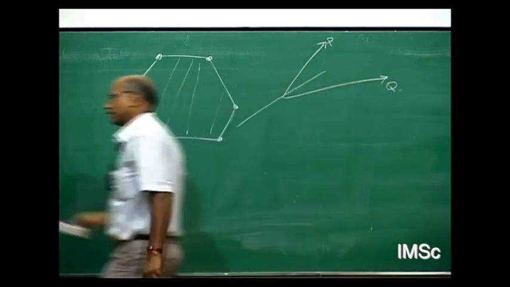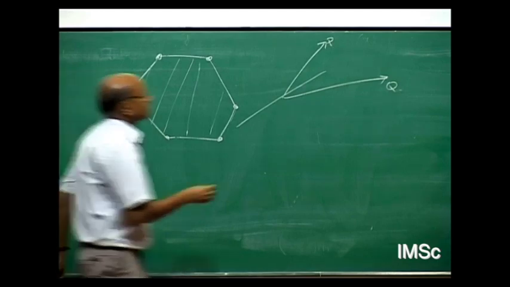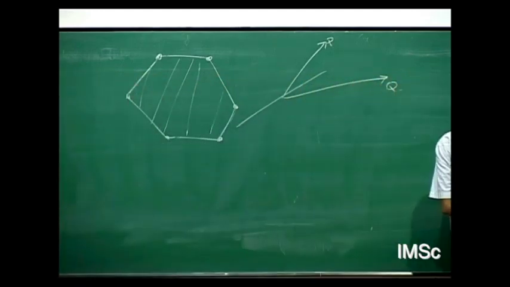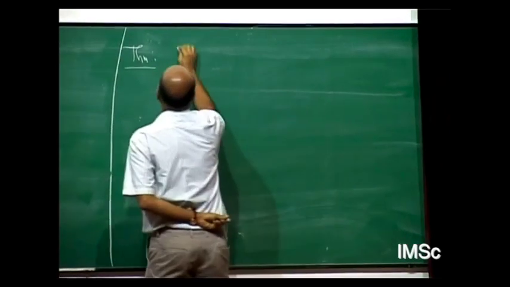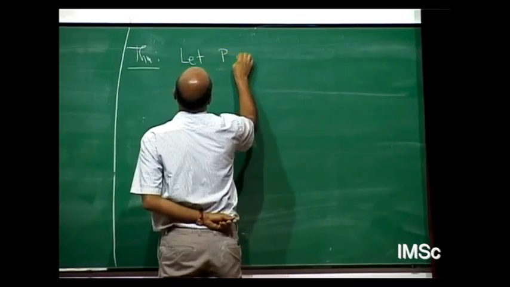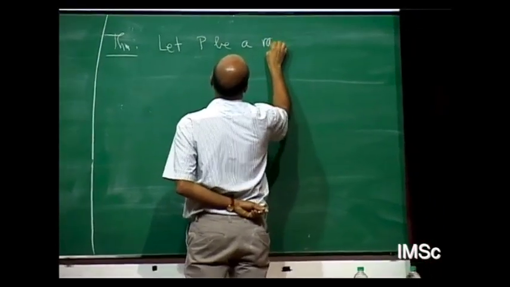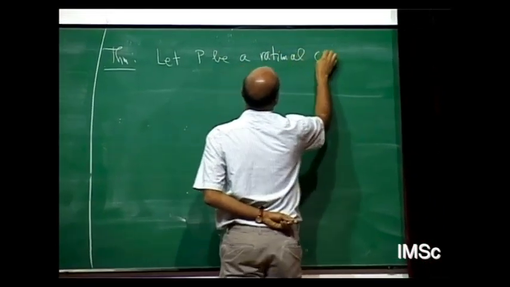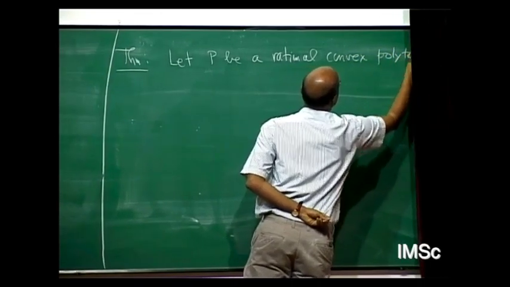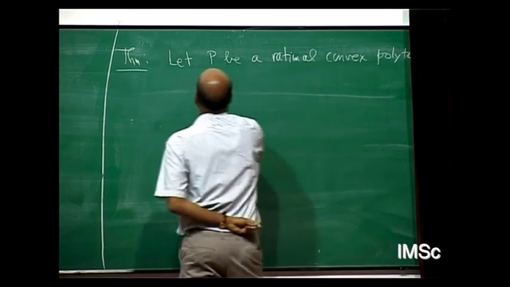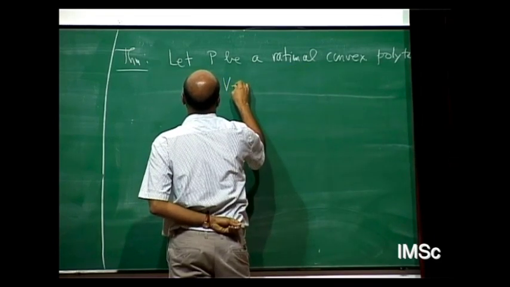and also I think it said Ehrhart theorem. So this is the theorem that I am talking about. The theorem is: let P be a rational convex polytope in VR.